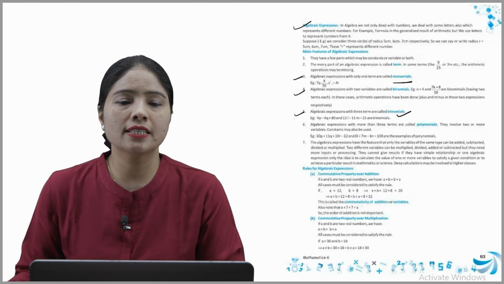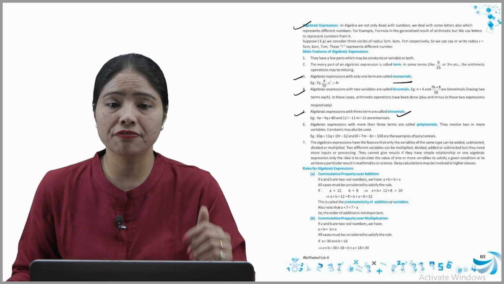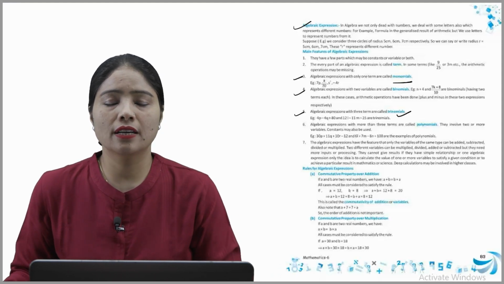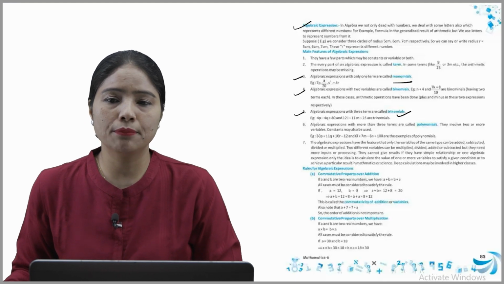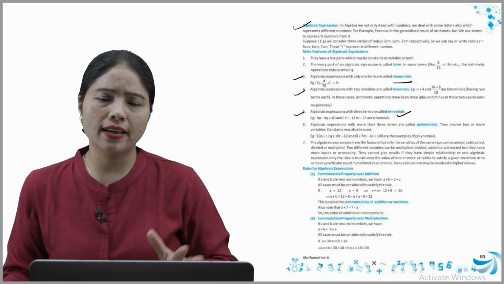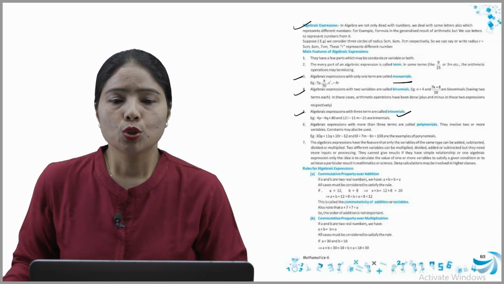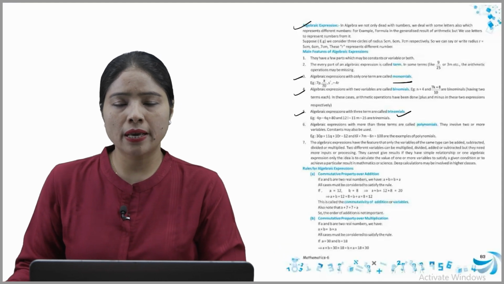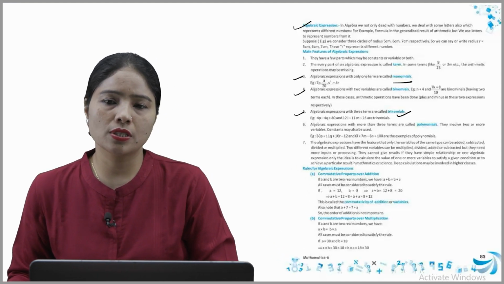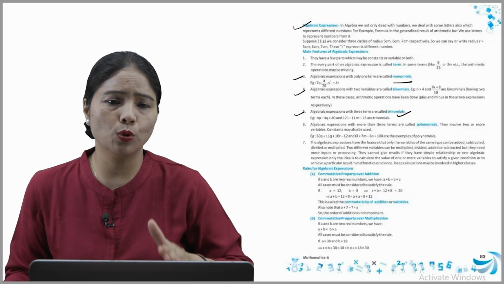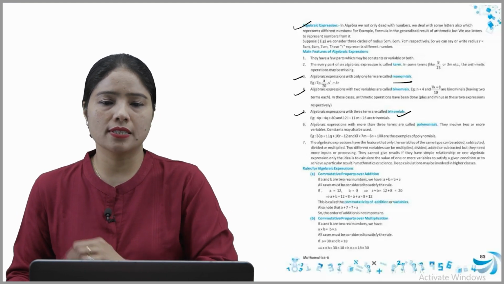Now 7.1: algebraic expressions have the feature that only variables of the same type can be added, subtracted, divided and multiplied. Two different variables can be multiplied, divided, added or subtracted, but they need more inputs or processing.